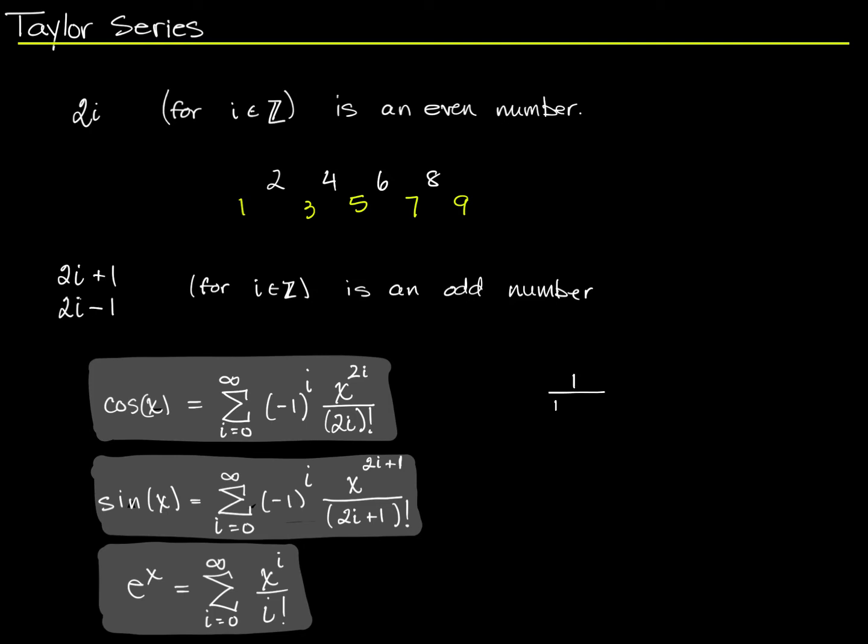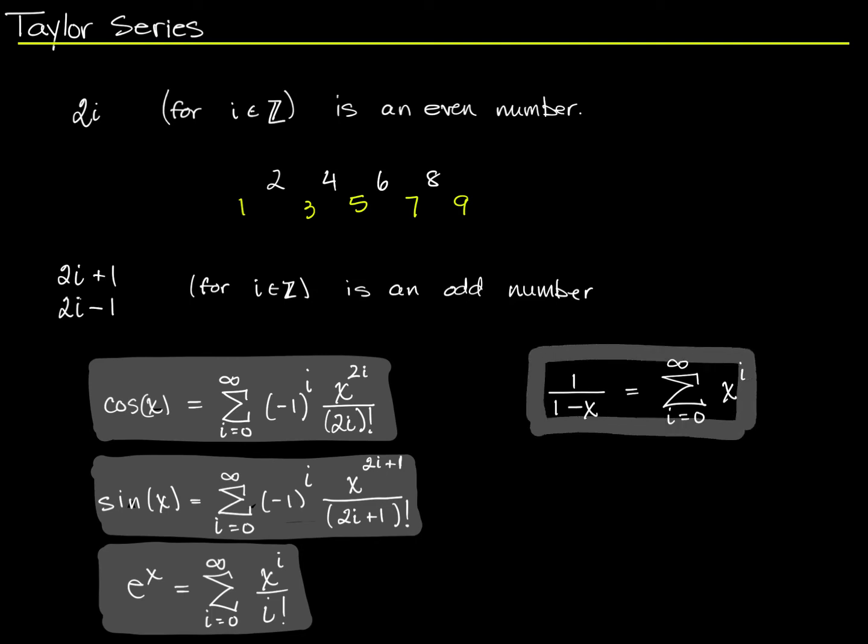There's one more we need to talk about, and that is this one. 1 over 1 minus x is equal to its Taylor series, i equals 1 to infinity, just x to the i. Now, we have to be careful with this one, because let me show you by going back over one of the other ones.